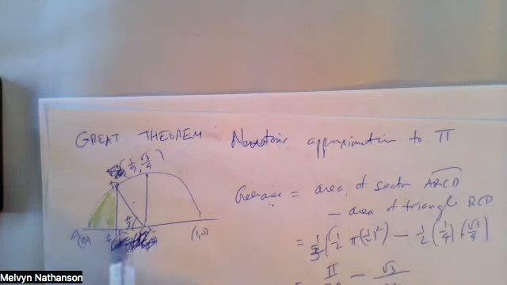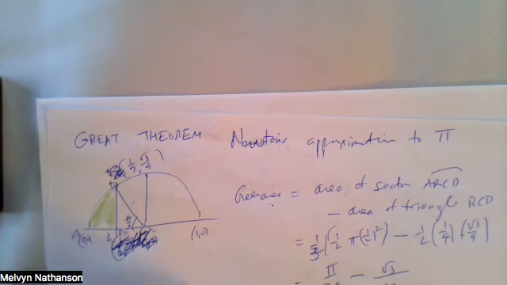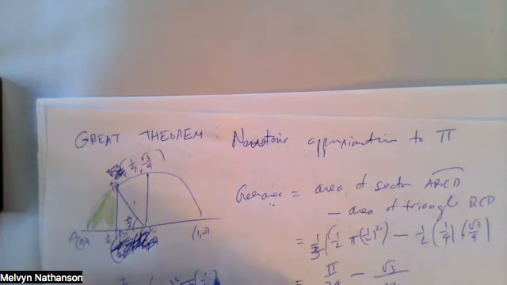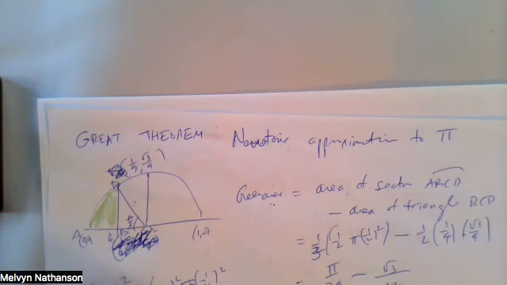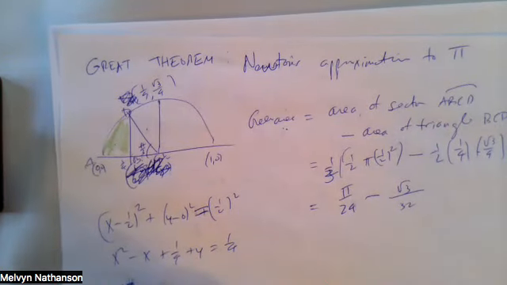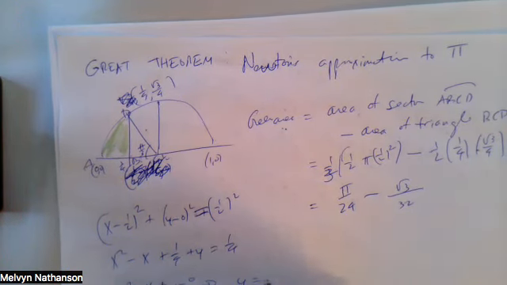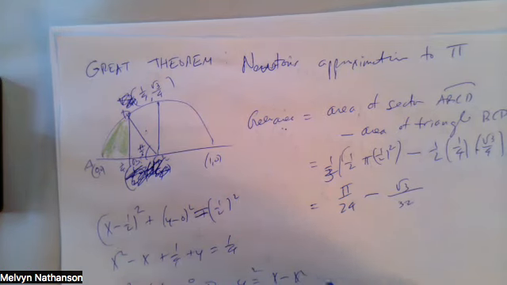But on the other hand, the equation of the circle with center a half, comma 0, and radius a half is this: x squared minus x plus a fourth plus y squared equals a fourth. The 1/4 cancel, you get x squared minus x plus y squared equals 0. Or y squared is x minus x squared.